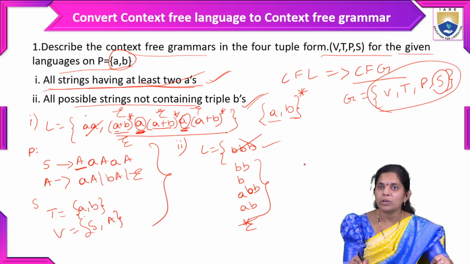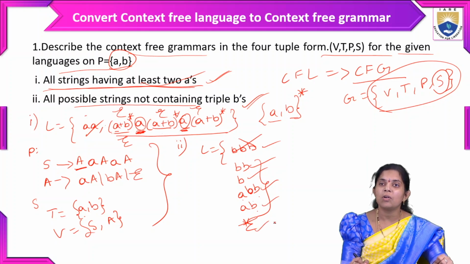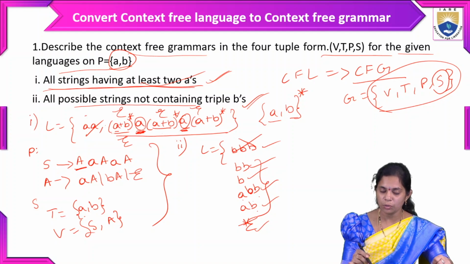So triple B is not accepted here. Double B is accepted and single B is also accepted, and a combination of B is also accepted. Empty string is also accepted. So all these together, we will write as one equation as a production rule.